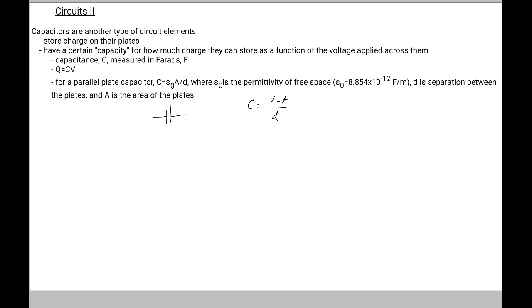A is the area of one of the capacitor plates, so if this were a three-dimensional thing, then it would be the area of this plate, and D is the separation between the plates, so it's this little distance between the plates. So capacitance is a function of the shape of the capacitor, and epsilon naught, the permittivity of free space.